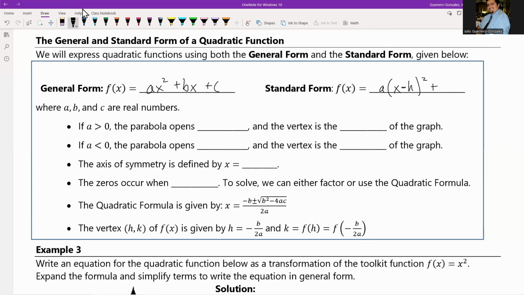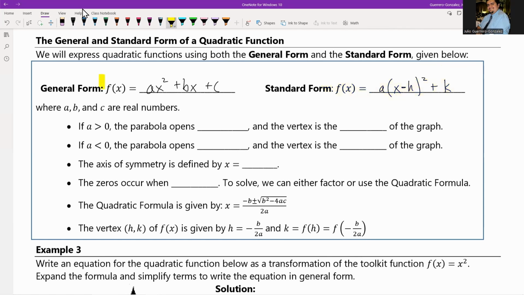The one on the right should look familiar. We already know how to graph something like this. The a, the h, and the k are the exact same things that we covered maybe two weeks ago. So just keep that in mind.